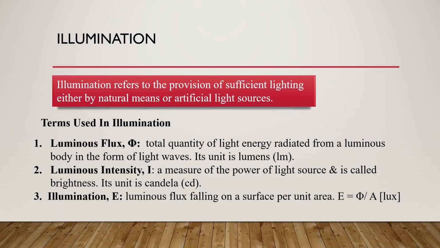Third one is illumination or illuminance, so any of them. It is the amount of flux falling on a surface, so it is the flux per area. There are other terms like solid angle and several others, but these ones are the ones we need for this course.